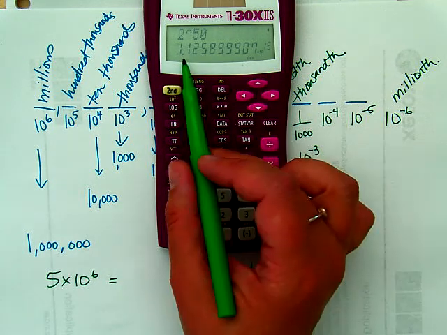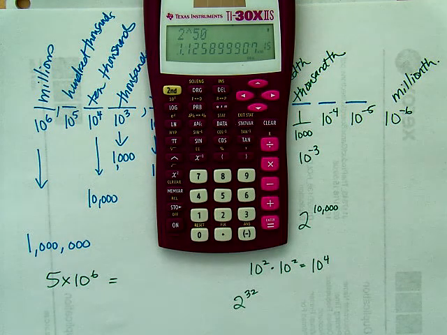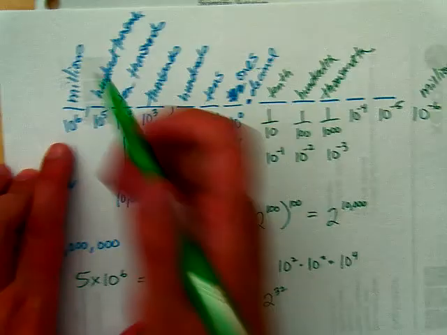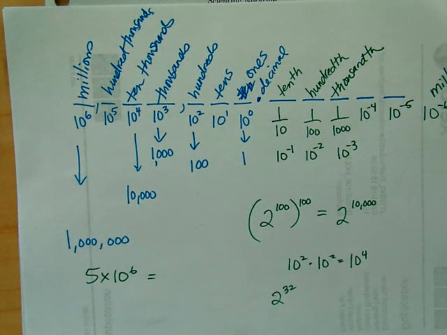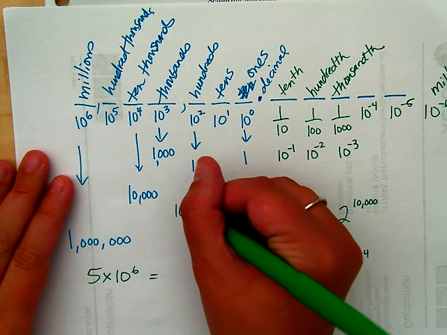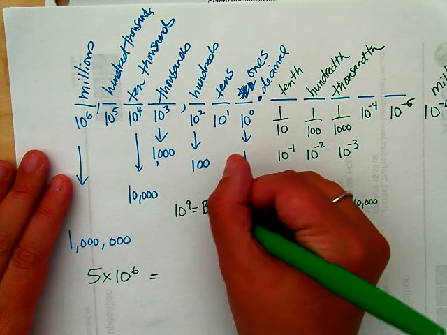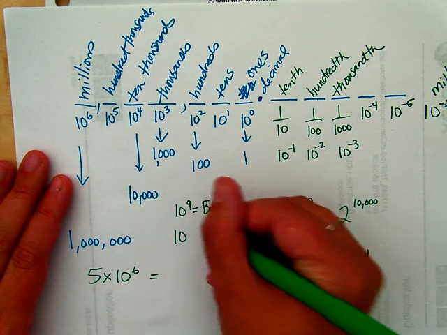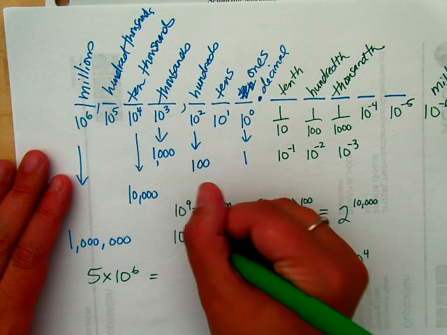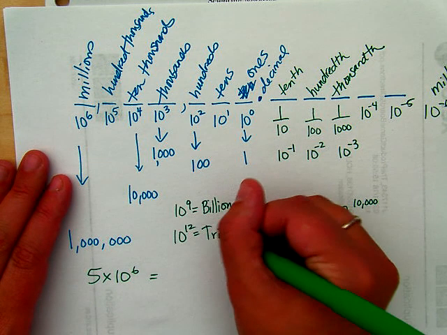This is 1 times 10 to the 15th power. Well, if we keep going, if I go 10 to the 7th, that's going to be 10 million. 10 to the 8th is going to be 100 million. 10 to the 9th is going to be a billion. If I count by threes, 10 to the 12th is a trillion, right?